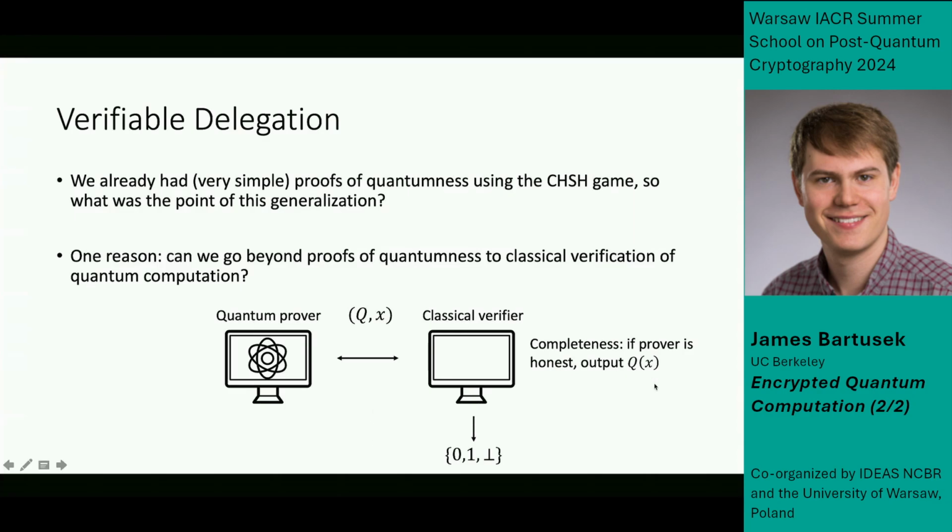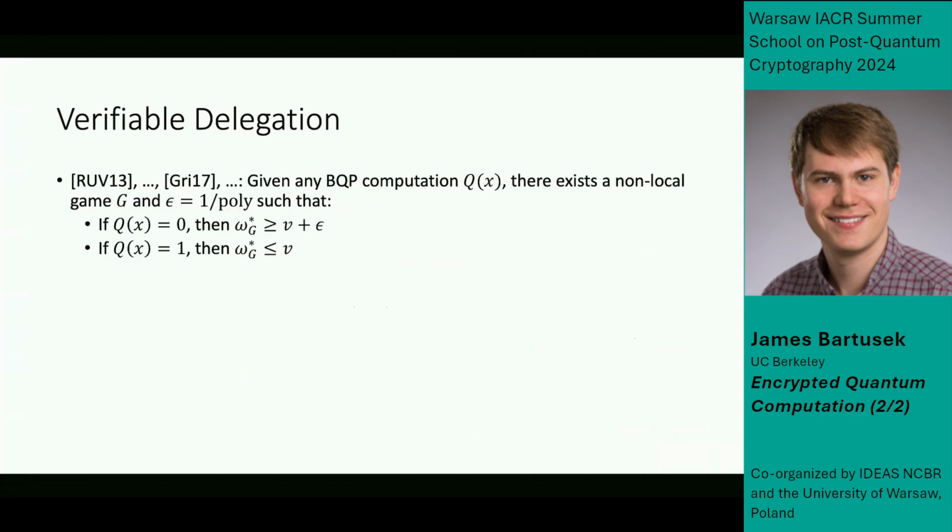For completeness, we want that if the prover is honest, the verifier outputs the correct bit, Q of X. And for soundness, we want that no quantum polynomial time, potentially malicious quantum prover can force the verifier to output the wrong answer, 1 minus Q of X. They can force the verifier to abort, that's fine. We just don't want them to force the verifier to output the wrong answer.